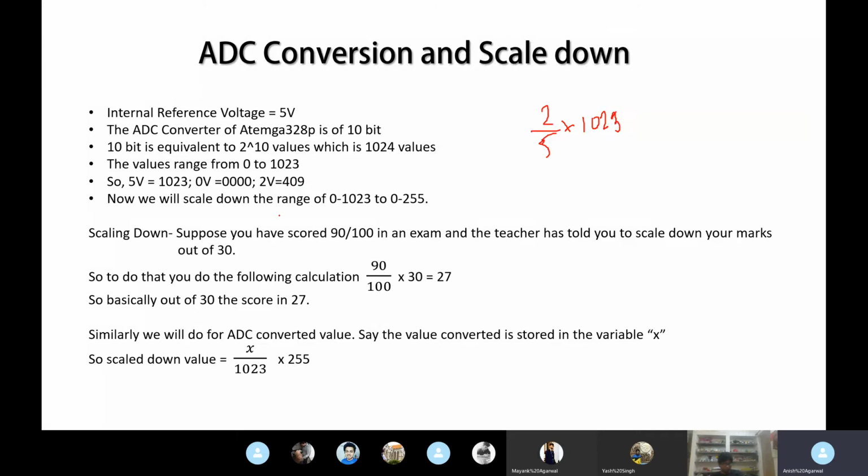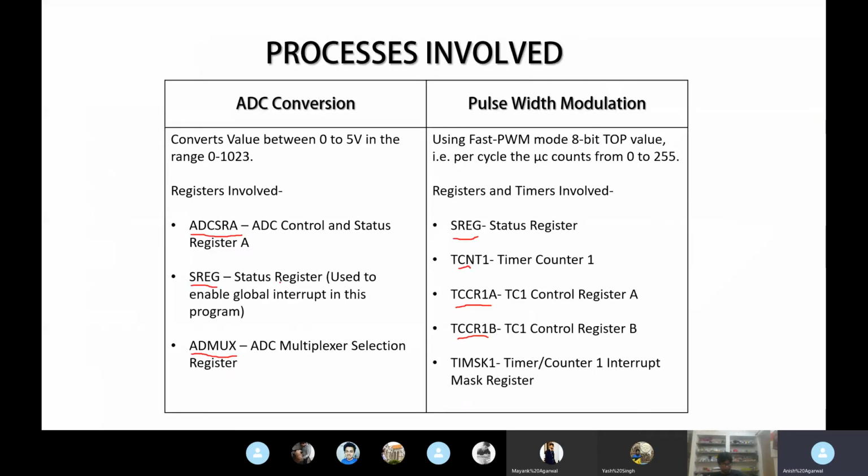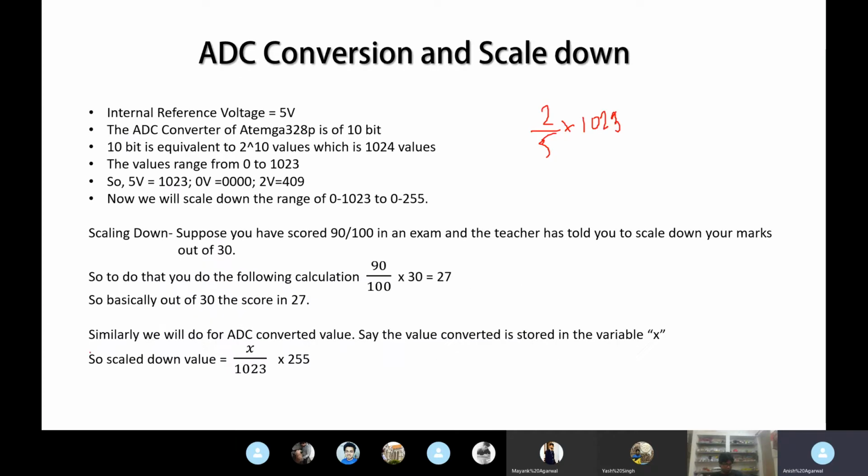All right. So as I've told you before, we are using the fast PWM mode. In fast PWM mode, we are using the 8-bit value. But the ADC is 10-bit, right? The ADC is 10-bit. So if we want the fast PWM mode to work, we need to scale the values down from 1024 to a range of 0 to 255.